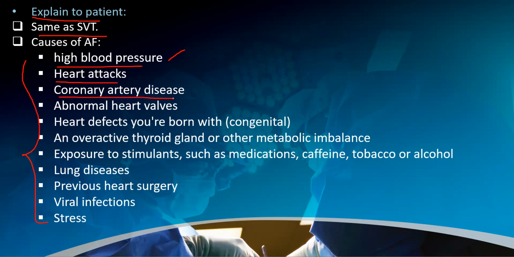Could be coronary artery disease, abnormal heart valves, congenital heart defects, so you can say heart defects that you are born with, overactive thyroid gland, sometimes exposure to some stimulants such as medicine, caffeine, tobacco, or alcohol, lung disease, previous heart surgery, or even stress can cause atrial fibrillation.